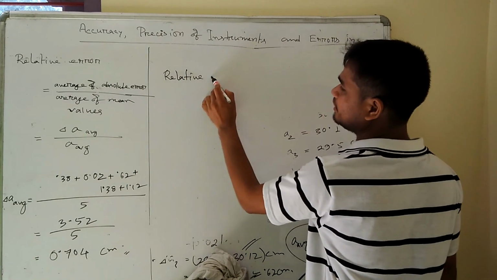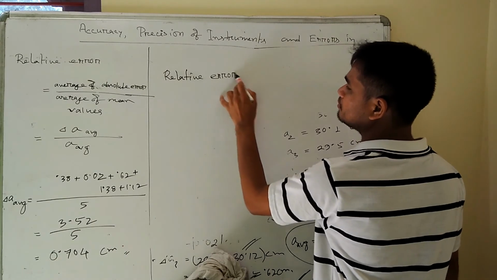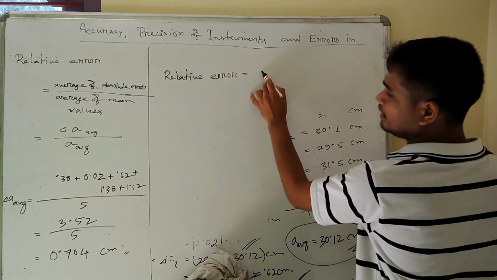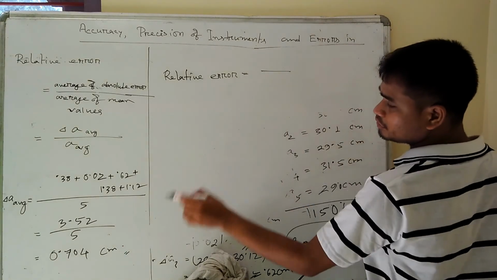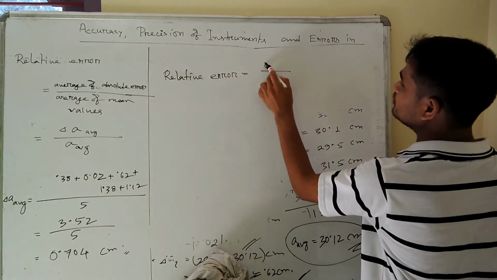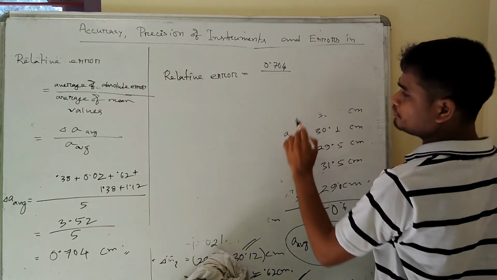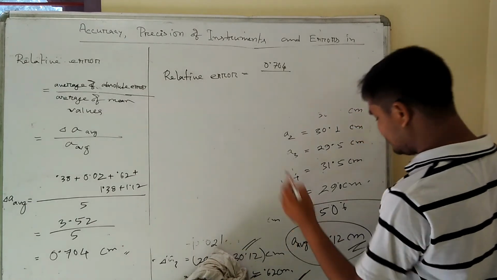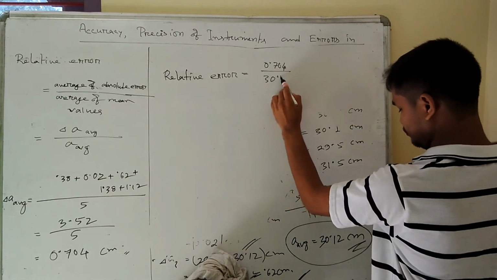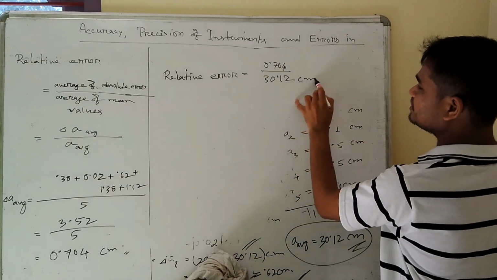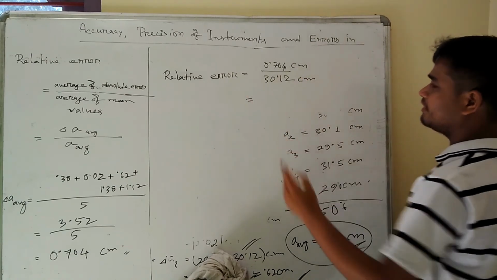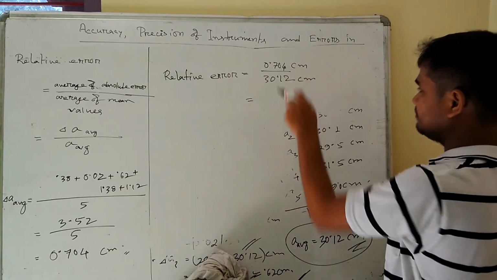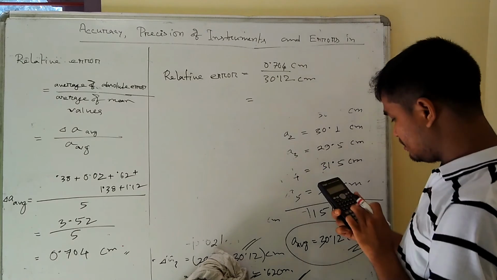So relative error is equal to delta A average, which is 0.704, divided by A average, which is 30.12 centimeter. Relative error is dimensionless.